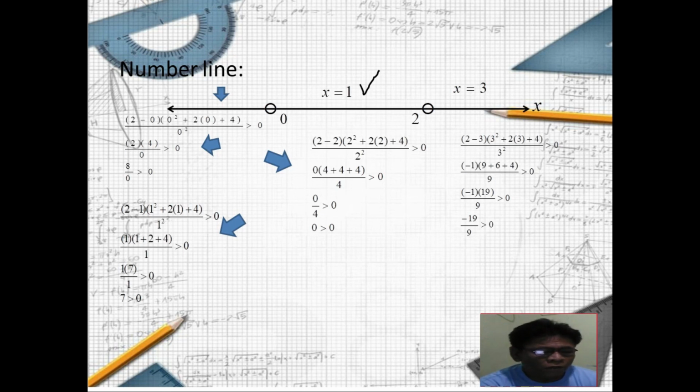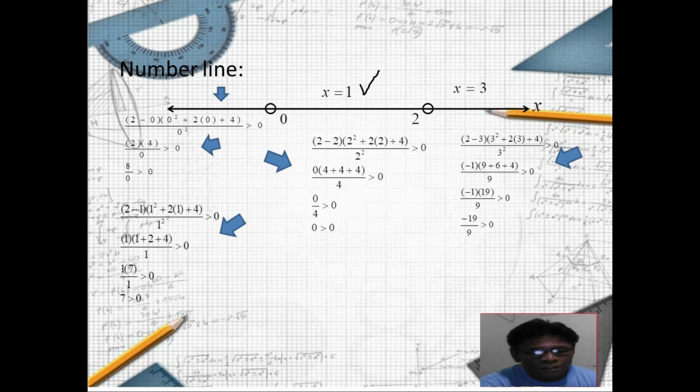So we have a solution in the part between 0 and 2. Okay, I will mark a check.